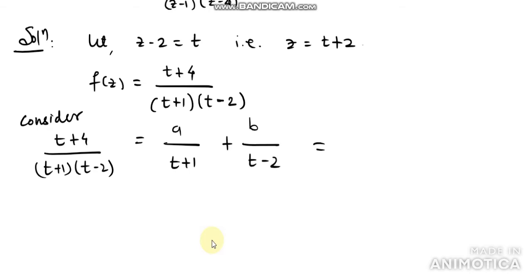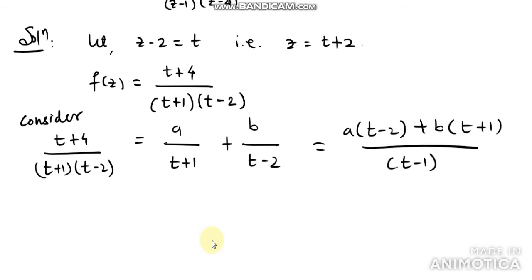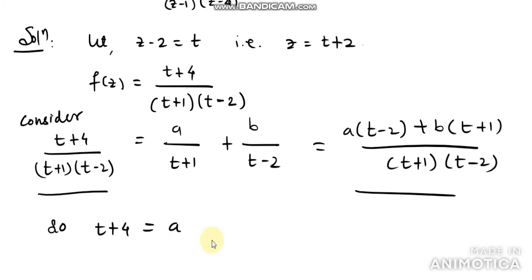So that will be equal to a into t minus 2 plus b into t plus 1 divided by t plus 1 into t minus 2. So in the LHS and RHS the denominator is same, so the numerator is also same, t plus 4 equal to a into t minus 2 plus b into t plus 1.